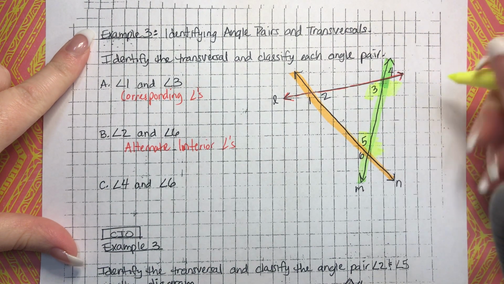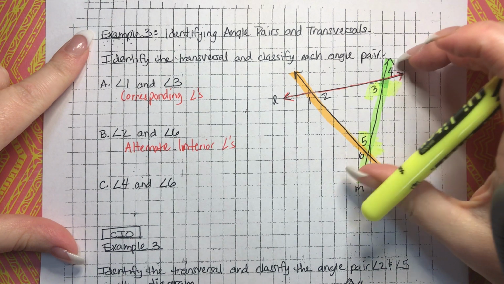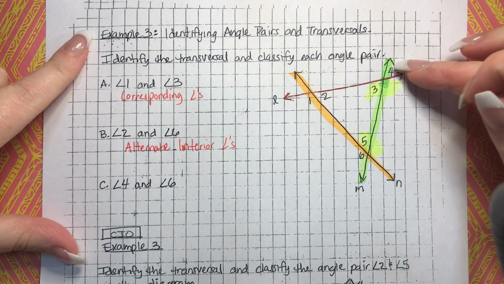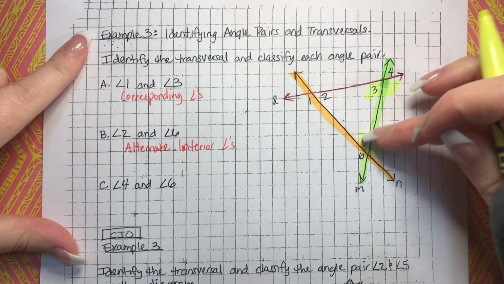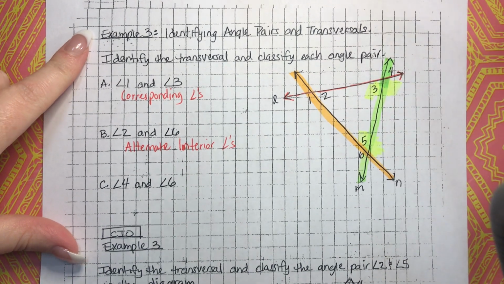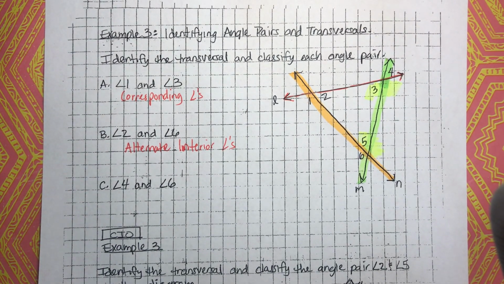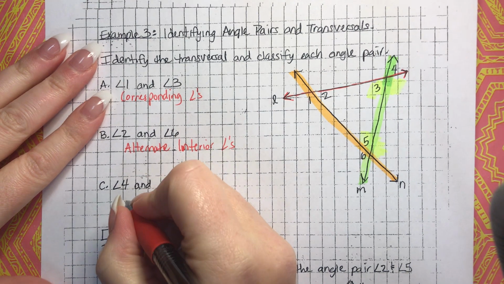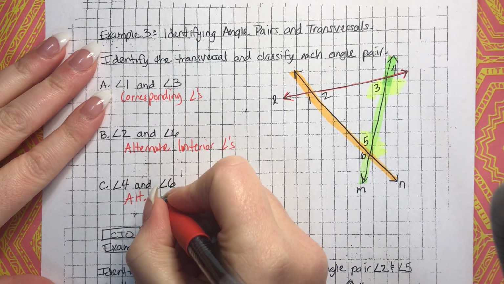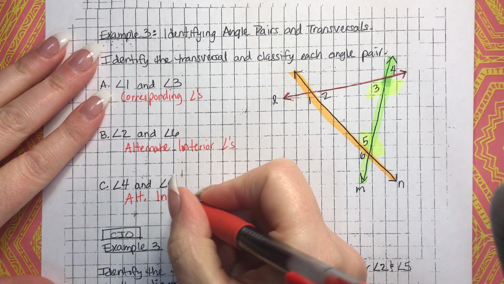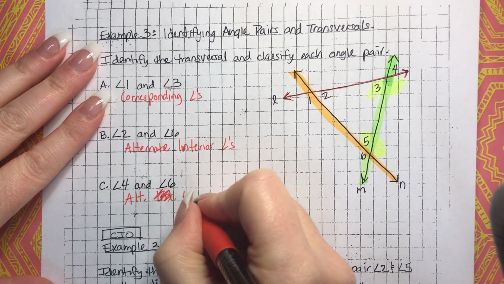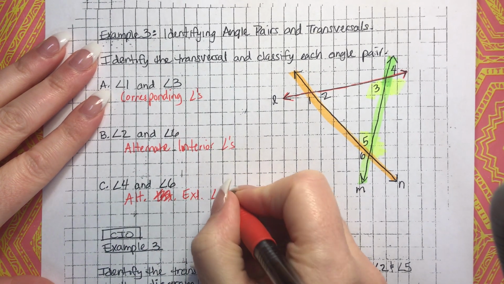This would be the inside, and 4 and 6 are on the outside. They're exterior angles on different sides of this transversal. So these 4 and 6 would be alternate exterior angles. So I'm just going to say alternate interior, no, I'm sorry, alternate exterior angles.